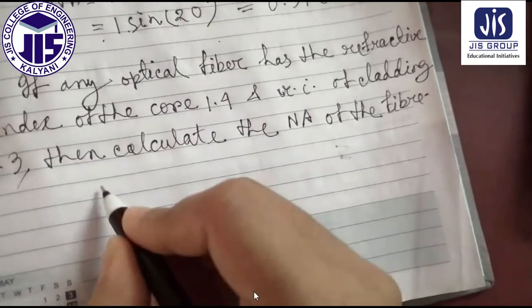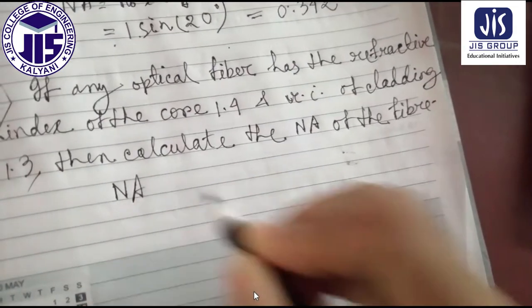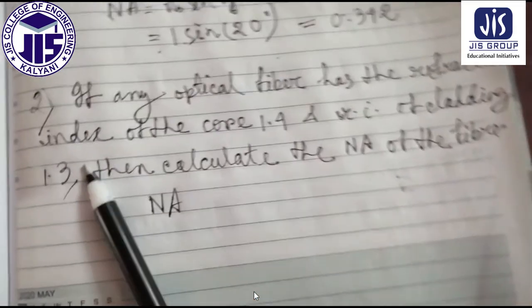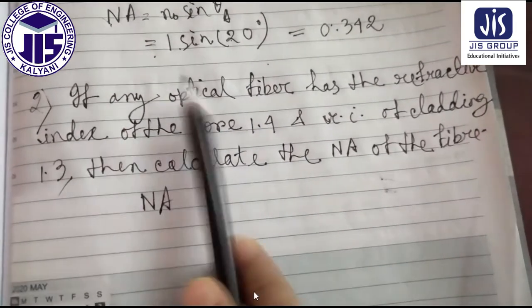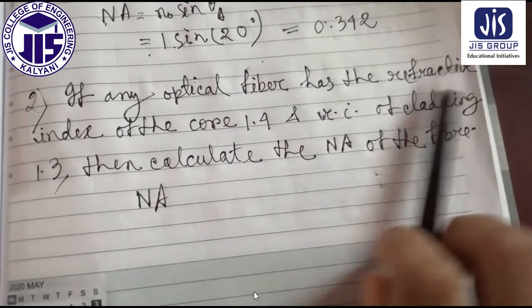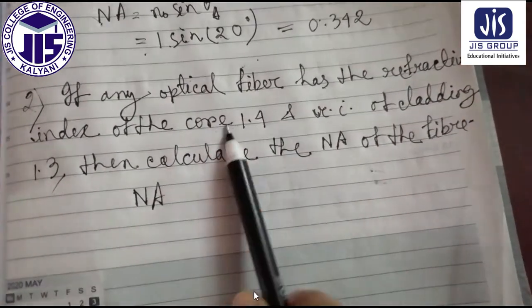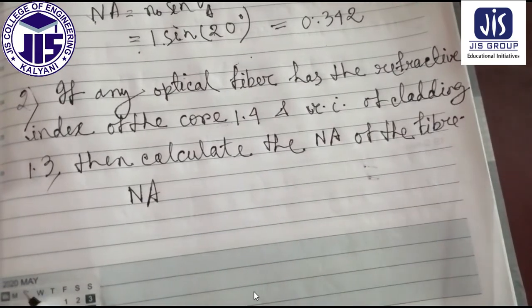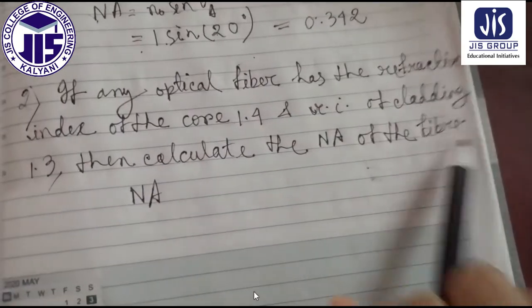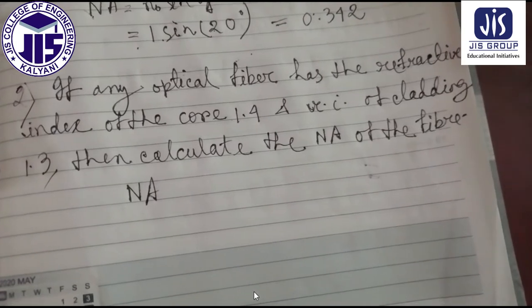Before the formula, let's go through the numerical again. If any optical fiber has the refractive index of the core 1.4 and refractive index of cladding 1.3, then calculate the numerical aperture of the fiber.